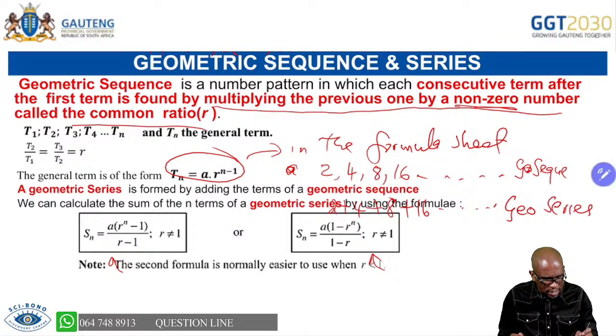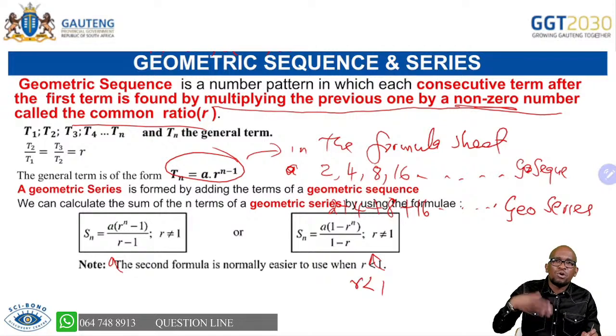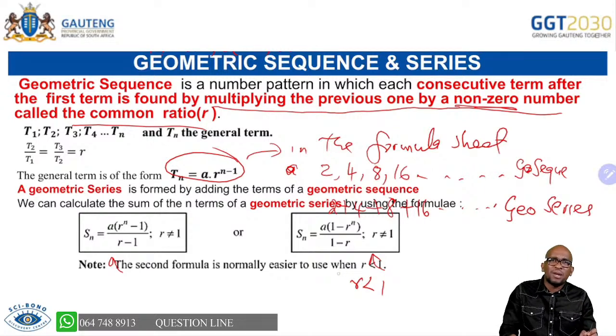The second formula is normally easier to use when R is less than 1. So when your constant ratio is less than 1, it is more advisable to use the second formula. Please make sure that you use the correct formula.